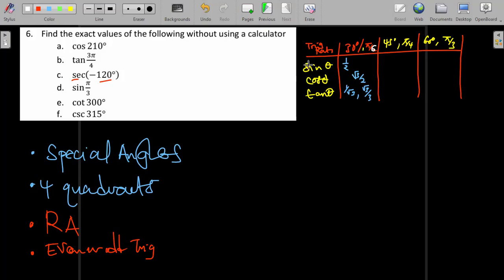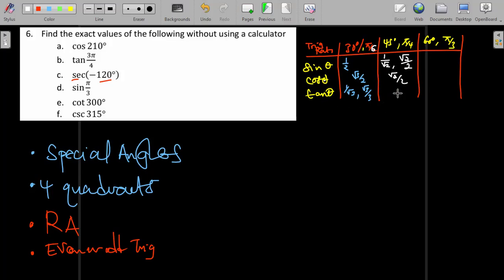What about if I have sine 45? Sine 45 is just 1 over root of 2, or when you rationalize it, you get root of 2 over 2. Cos 45 is the same as sine 45, which is root of 2 over 2, or 1 over root of 2.